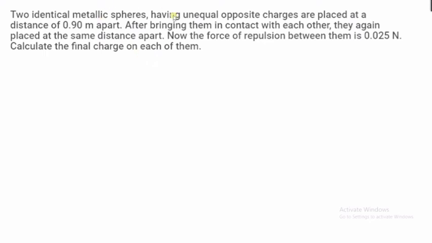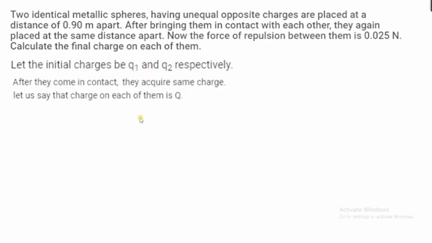So they are saying the two spheres have unequal charges. Let q1 and q2 be the charges. Now after bringing them in contact, they will have the same charge. So I can write q as the charge because they will have the same charge. So the new q1 and q2 will be q only.